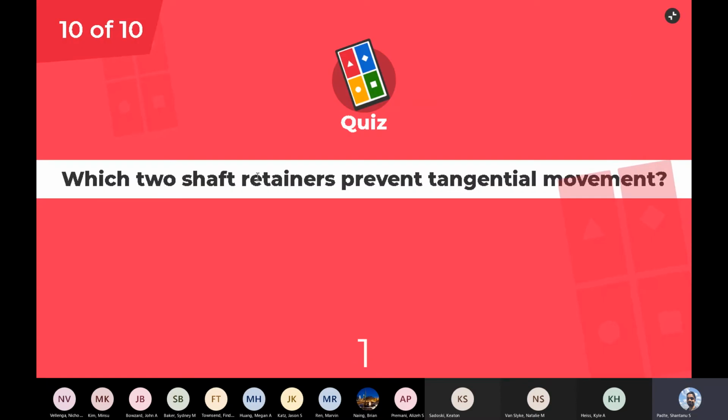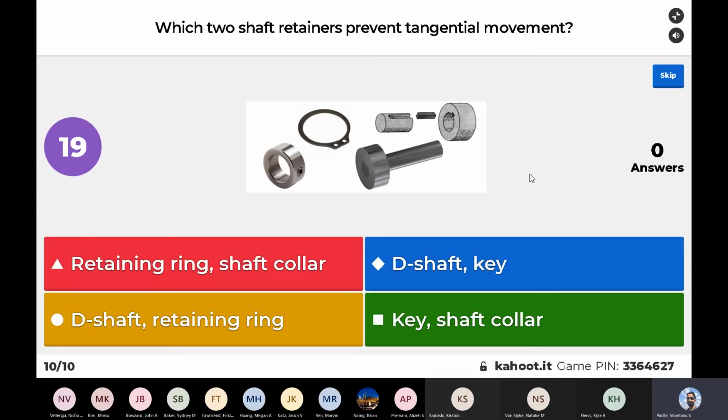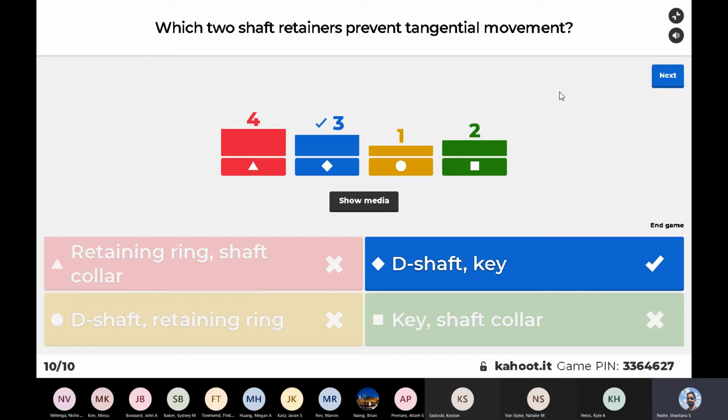Which two shaft retainers prevent tangential movement? Remember, tangential movement means the axle and the wheel would move independently. You don't want that. That is correct: D shaft and key.